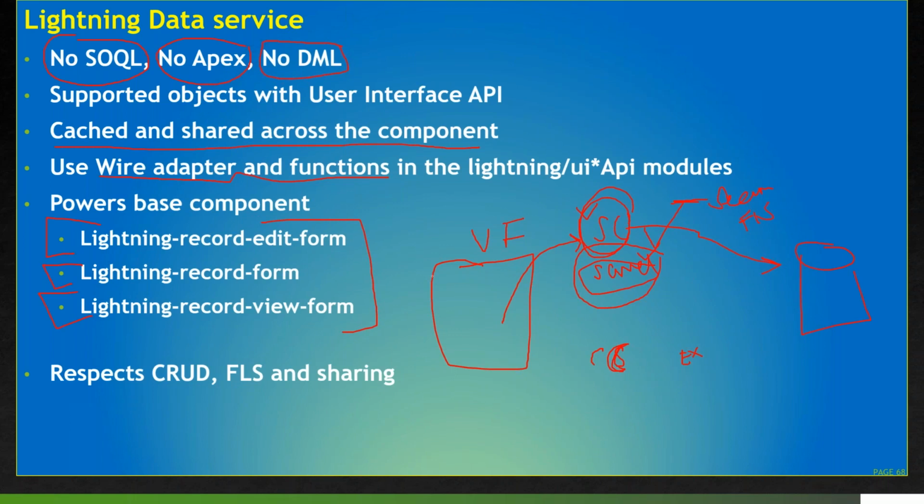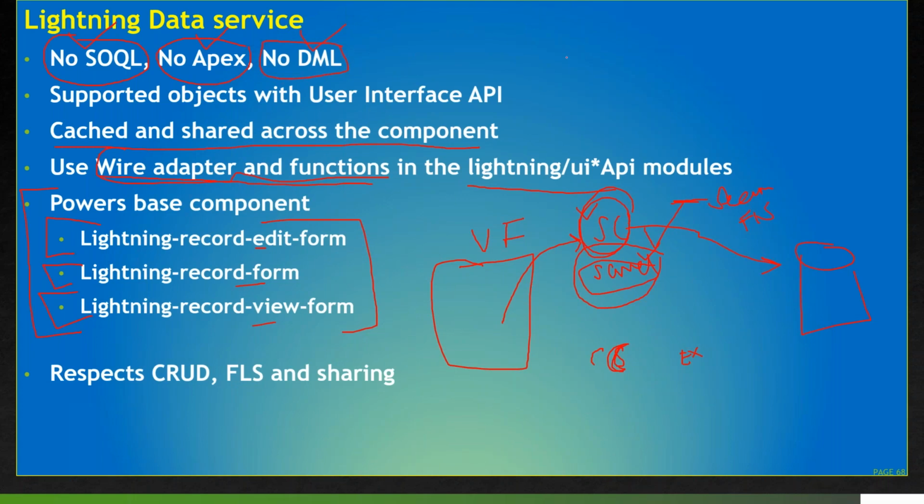But to understand, when I use LDS, either I can use base components like Lightning record edit form, record form, or view form, or I can use wire adapters and functions built on top of LDS with the support of the Lightning User Interface API to access my data and perform DML on my data without writing a single Apex, a single DML statement, or a single SQL statement.